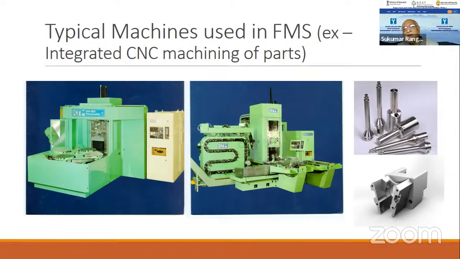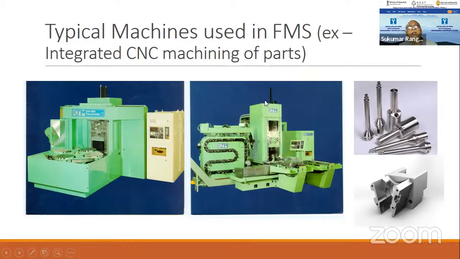Like if you see here, there is a hole which needs to be drilled and then tapped, etc. So this entire part is fed, the raw material is fed in at one end and finished and comes out on the other. And this is programmed to make this particular part. And it is flexible because the same machine can do different types of parts.